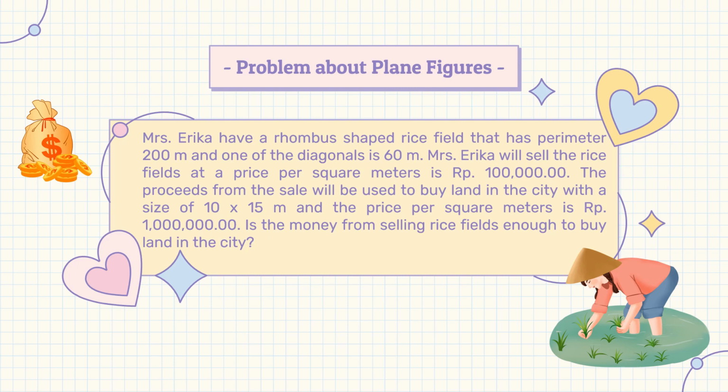The proceeds from the sale will be used to buy land in the city with a size of 10 times 15 meters, and the price per square meter is 1 million rupiah. Is the money from selling the rice field enough to buy land in the city? From this problem, the required plane figures are a rhombus and a rectangle.